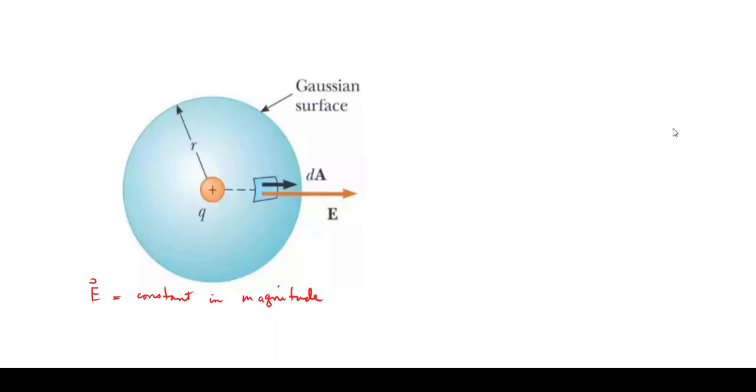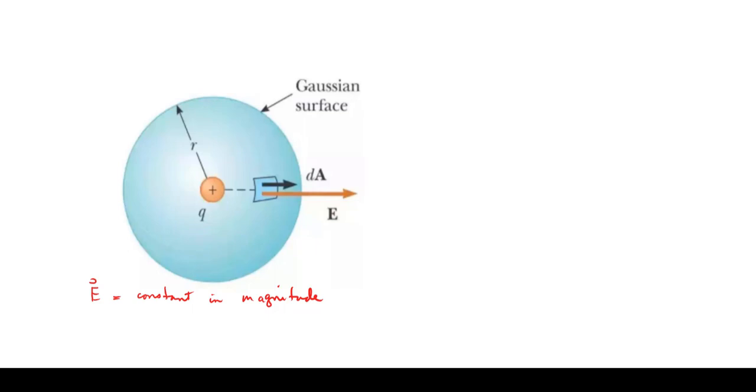So our E will have a constant magnitude over the surface, and all will be perpendicular to this small area element denoted as dA. And we also consider that since our charge is positive, the electric field line direction is outward or away.